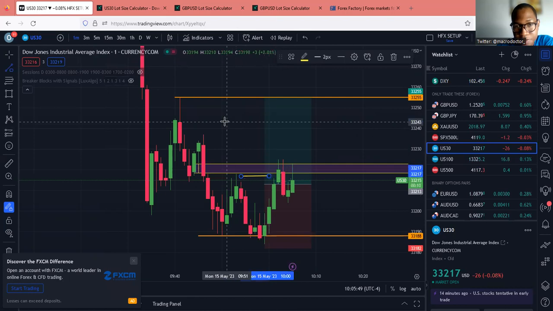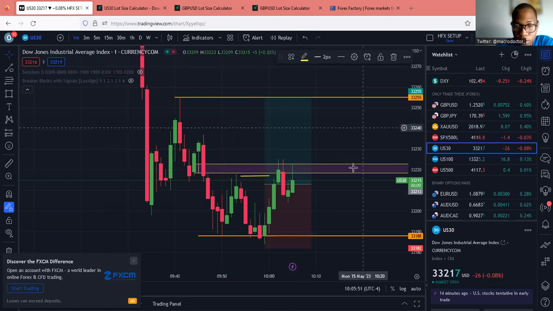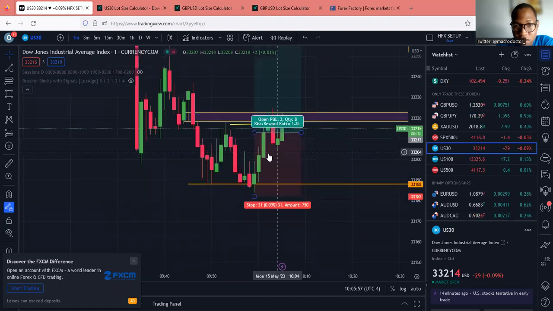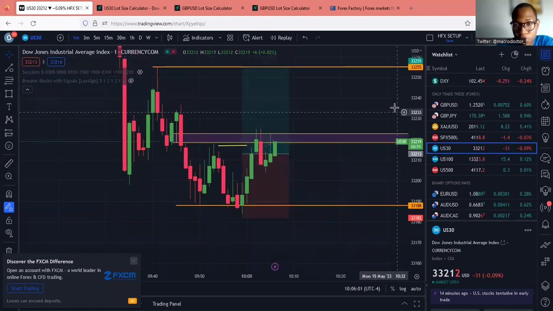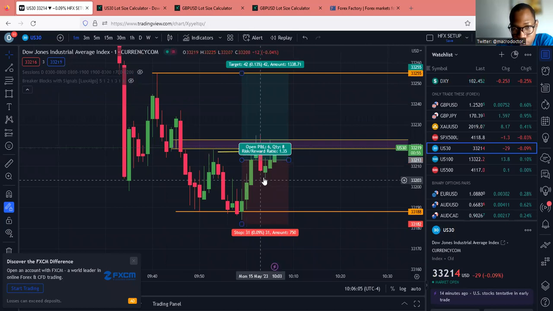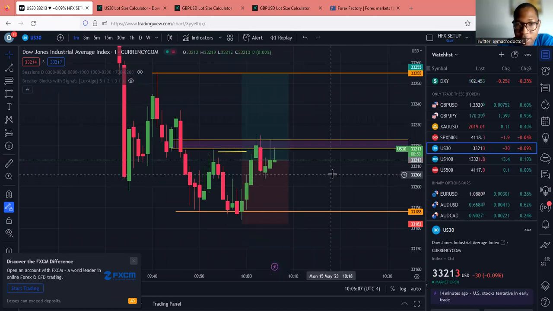And so we'll see if price closes below this, then I'm reversing my position. I hope you guys get what I'm doing. This would be a break of structure. If price closes below this low now, then I'll be more inclined for the sell to kick in.